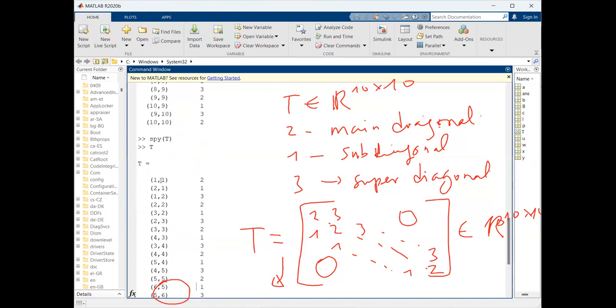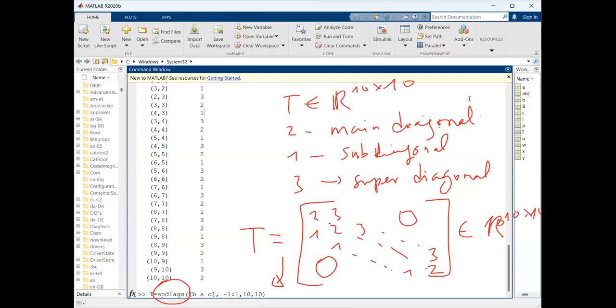For example, row 1 column 1 is 2, row 2 column 1 is 1. This is exactly what I've done here. Row 1 column 2 is 3, row 2 column 2 is 2, row 3 column 2 is 1. So you can see exactly what I've written here. Every other entry which is 0, it does not store in its storage.